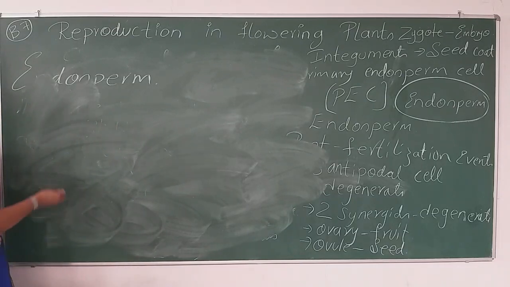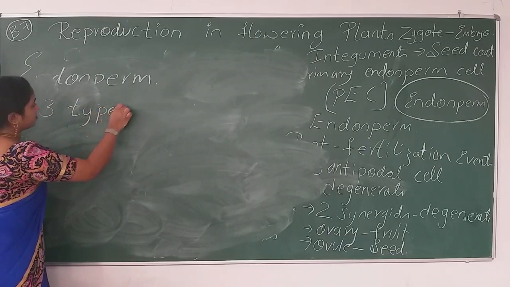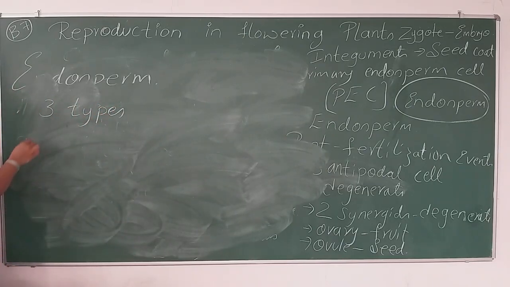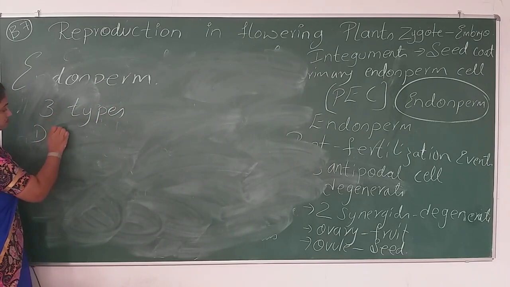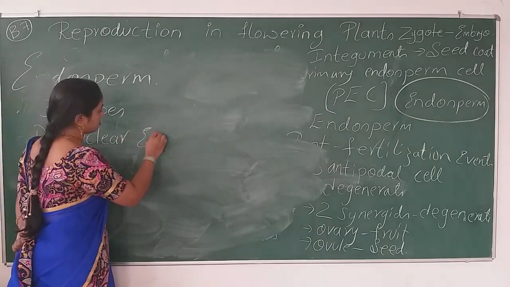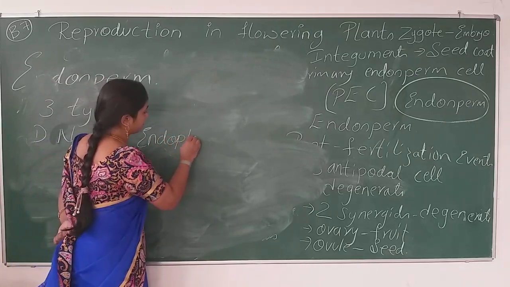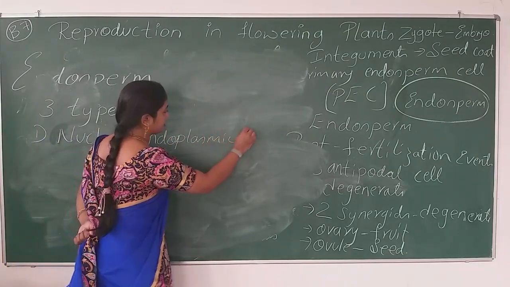Now, listen to me. There are three types of endosperm. One is nuclear endospermic development.